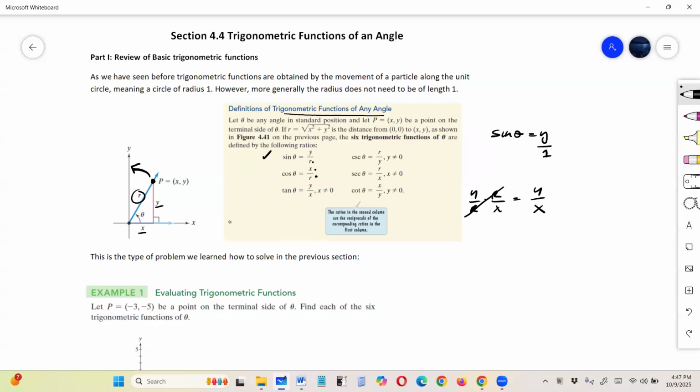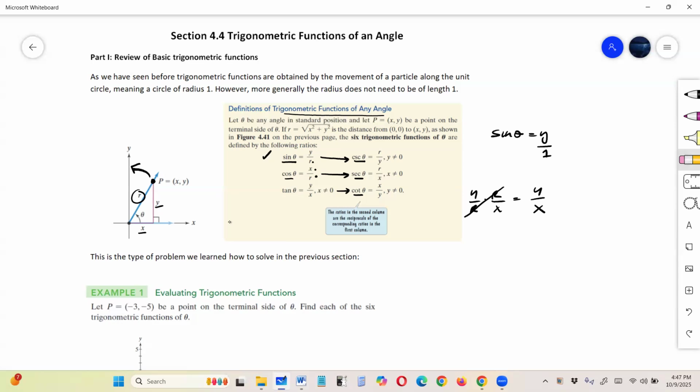The other three functions are their reciprocals. So cosecant is 1 over sine, so it's r over y. Secant is 1 over cosine, so r over x. And cotangent is 1 over tangent, or x over y, provided obviously that each denominator is not 0.